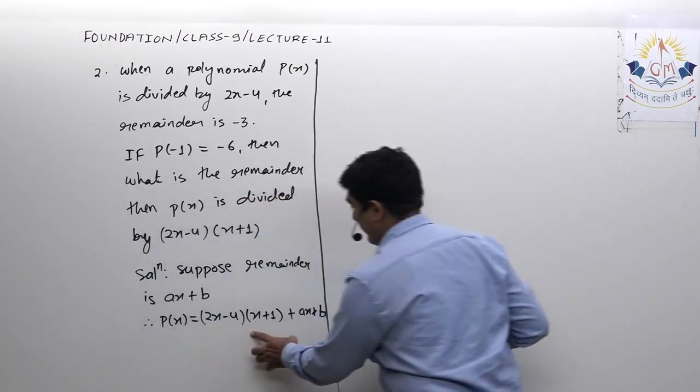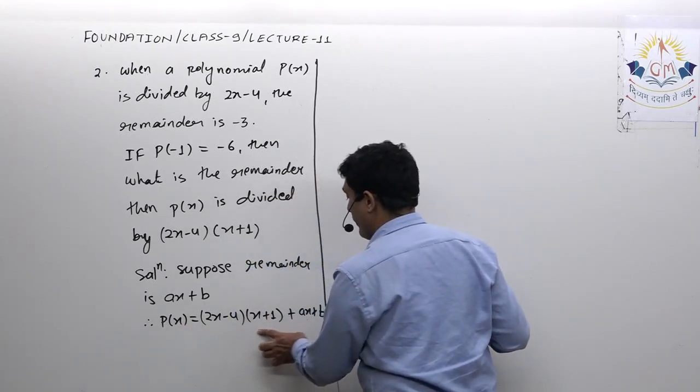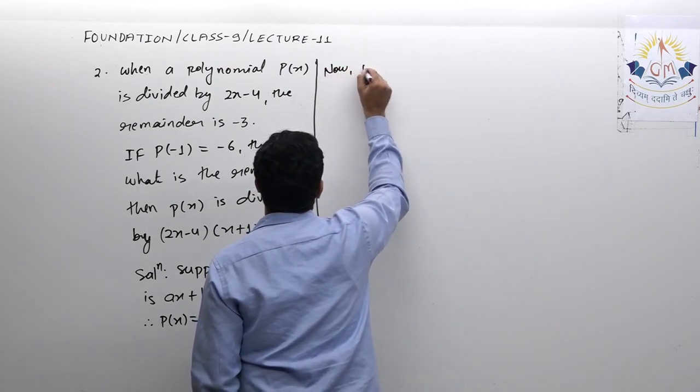So p(x) equal to (2x minus 4)(x plus 1) plus ax plus b. Now, what do we have?